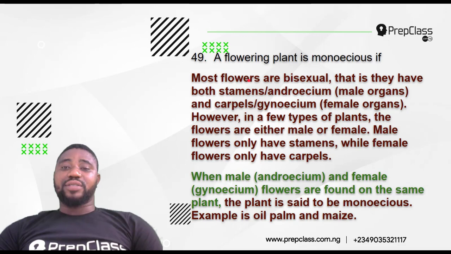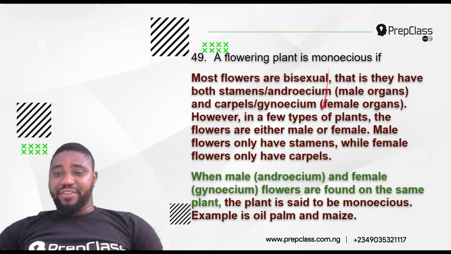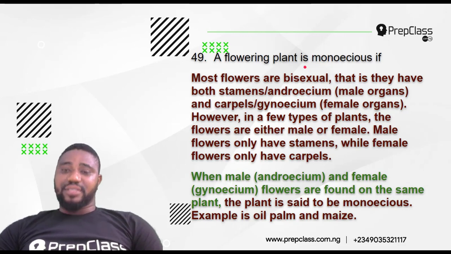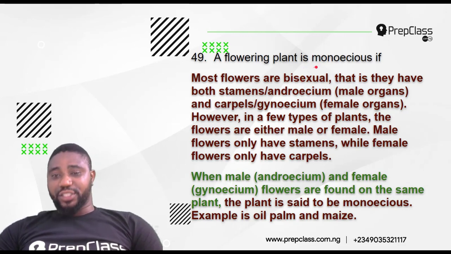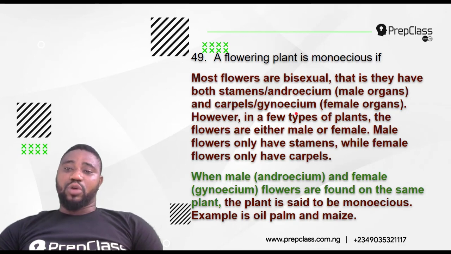I said that most flowers are bisexual. That is, they have both stamens or androecium, which are the male organs, and carpels, which is also gynoecium, which are the female organs. So when a single flower has both male and female organs, both androecium and gynoecium, they are known as what?